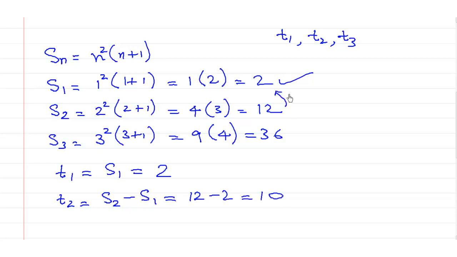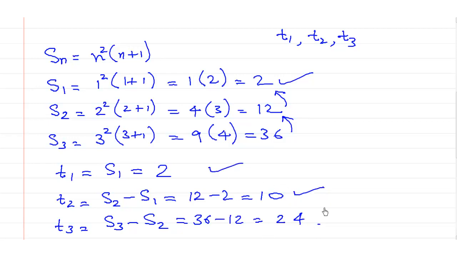So the second number is 10. T3 in the same way is S3 minus S2, which is this 36 minus 12, which is 24. So the first 3 numbers are 2, 10 and 24.